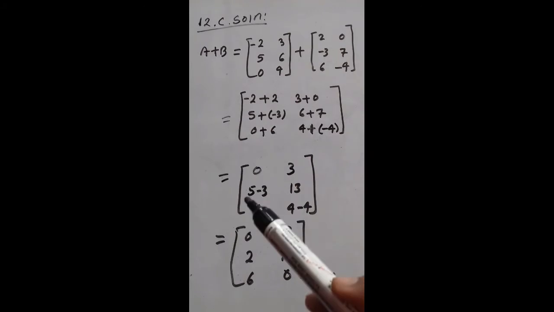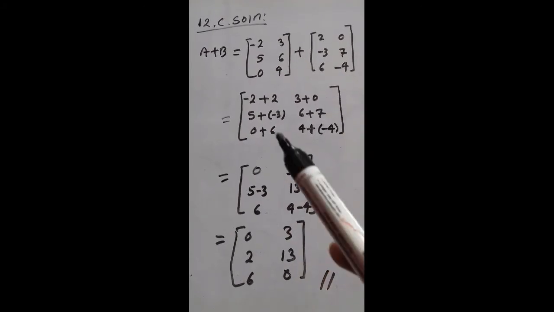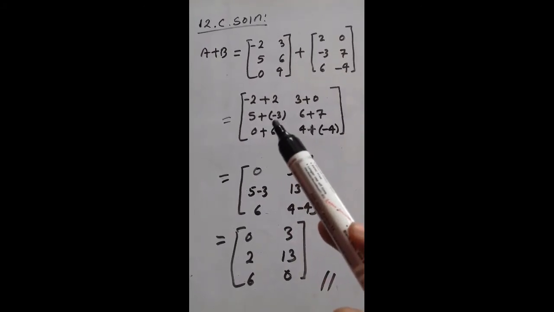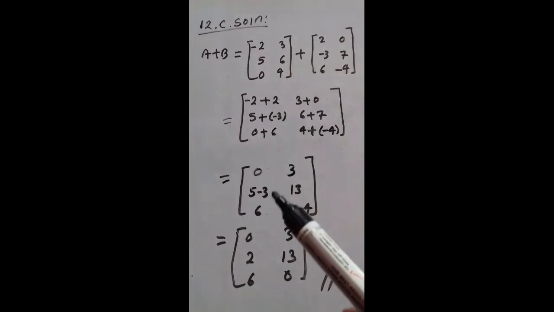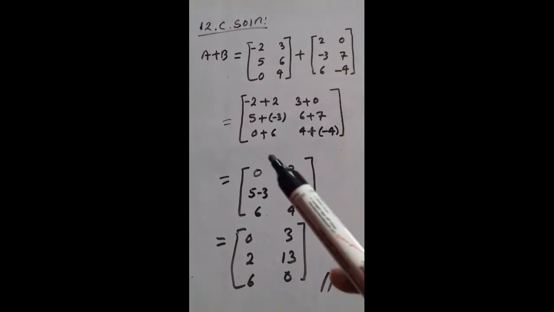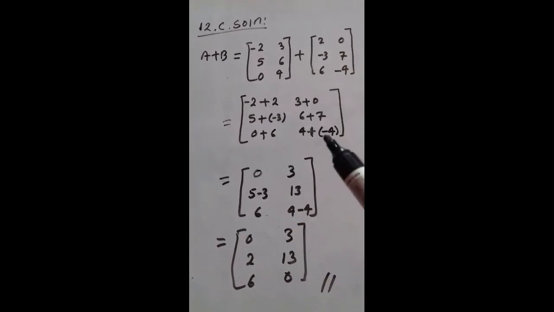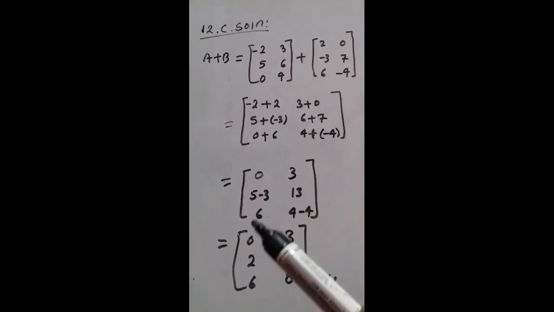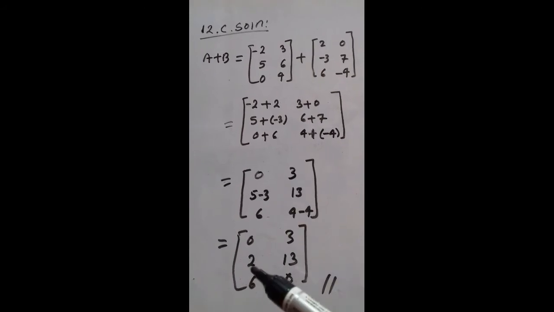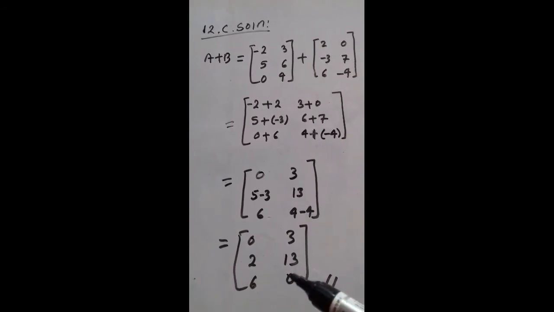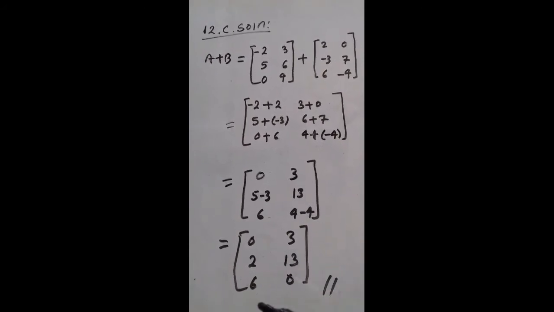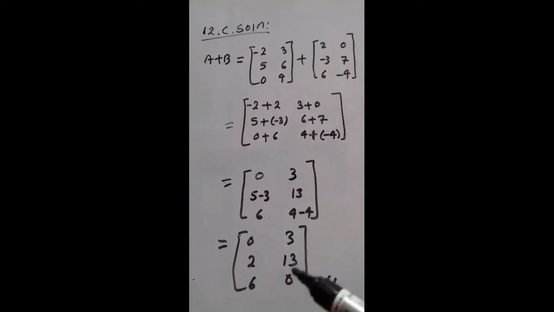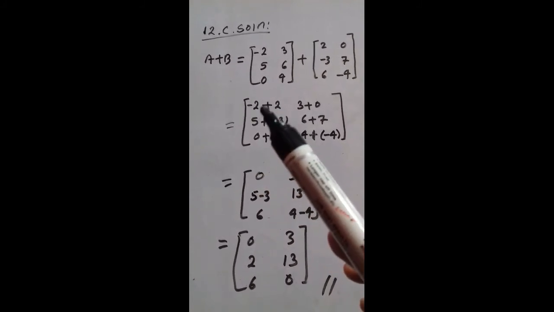Then minus 2 plus 2 is 0, 3 plus 0 is 3, 5 plus minus 3, here plus into minus is minus, so 5 minus 3, 6 plus 7 is 13, 0 plus 6 is 6, 4 plus minus 4, here plus into minus is minus, so 4 minus 4, and here 5 minus 3 is 2 and 4 minus 4 is 0, and the rest are written as they are. So this is our answer of A plus B.